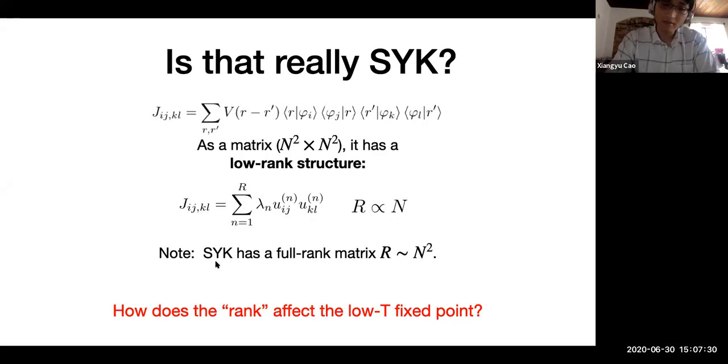Whereas in the SYK model, these J_ijkl are independent random variables. So then you have a full matrix of N squared times N squared, with a rank of N squared. That's a huge difference.